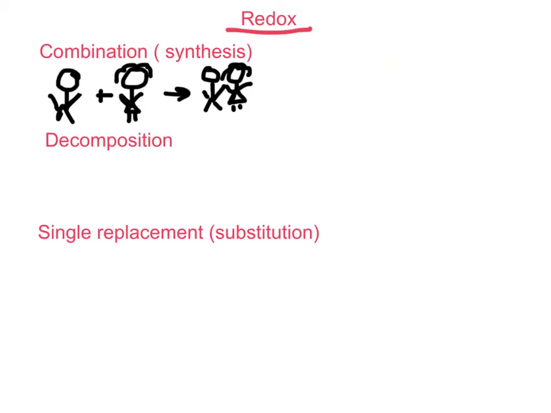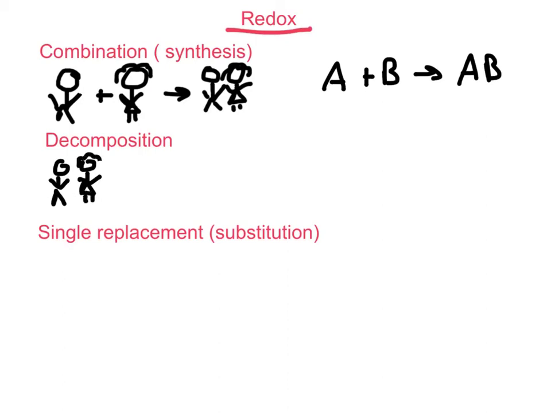In chemical lingo, we would say A compound plus B compound yields AB. Well, in decomposition, it's just the opposite. We have boy and girl as a couple, and what happens? They get in a fight and are no longer a couple. So boy is by himself and girl is by herself.